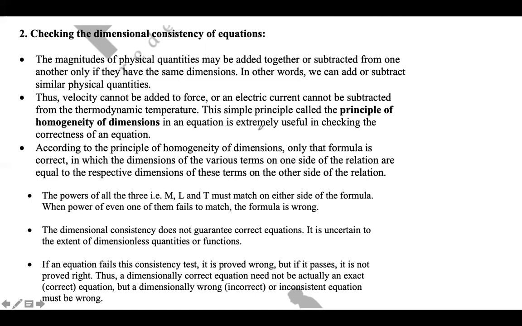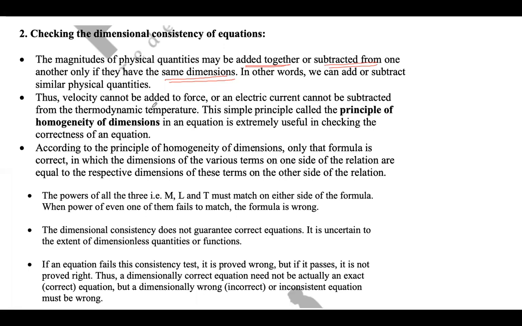The magnitudes of physical quantities may be added together or subtracted from one another only if they have the same dimensions. If you have different dimensions, you cannot add or subtract these physical quantities.